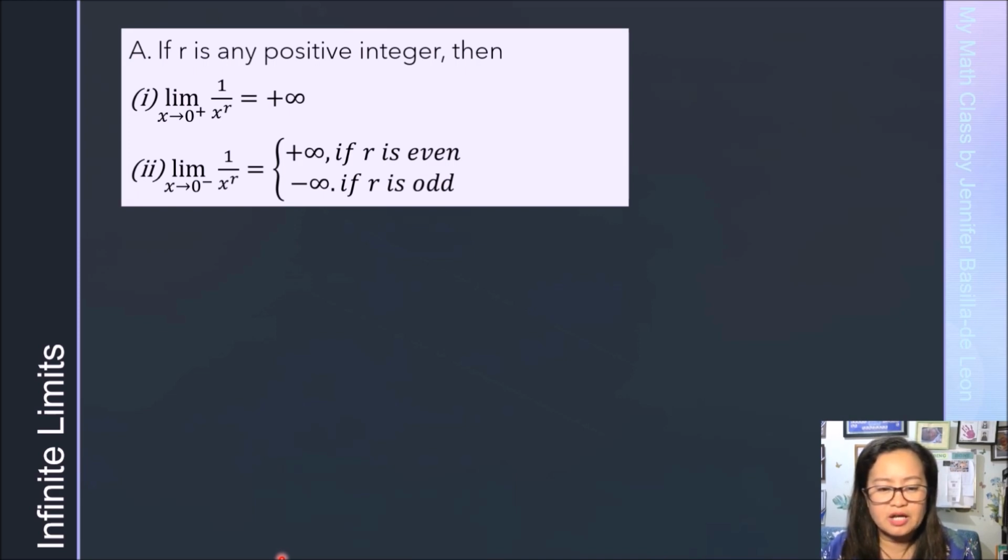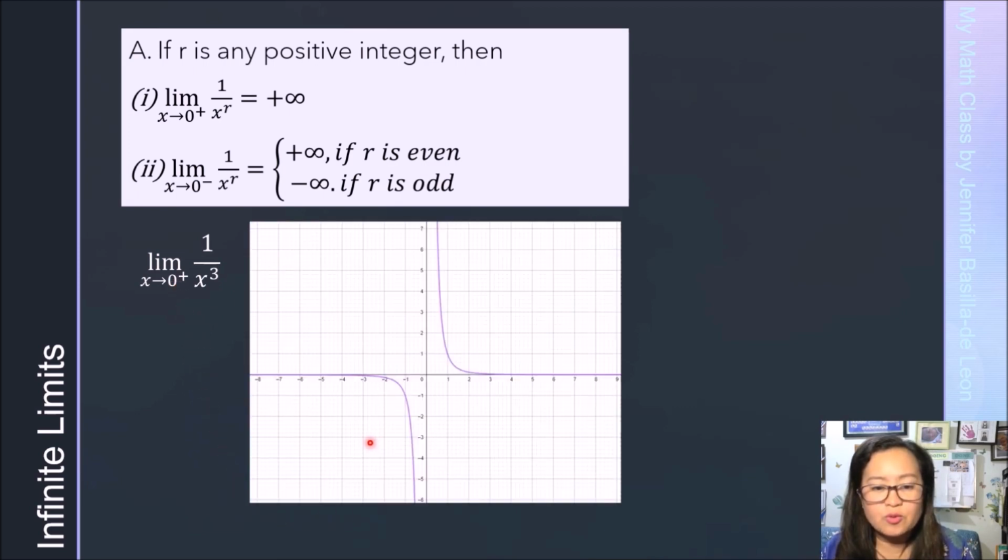Now, let's take a look at the first example. If we have the limit of 1 over x cubed as x approaches 0 from the right, using our graphing application, we would be able to see that as the value of x approaches 0, the value of f of x increases without bound.